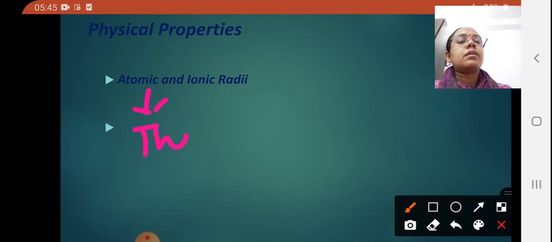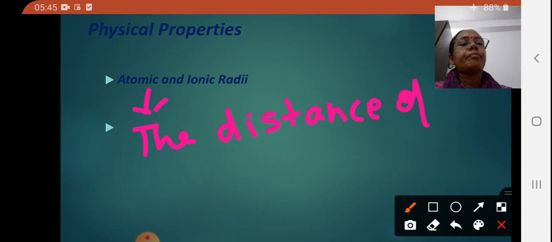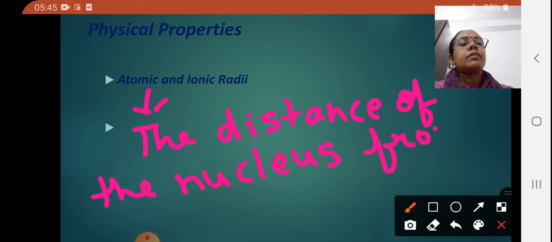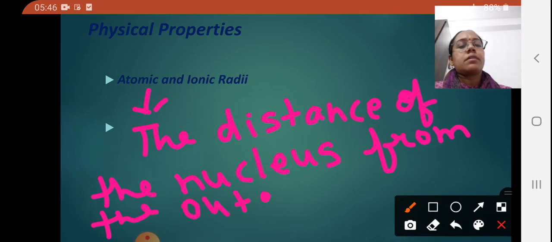The distance of the nucleus from the outermost shell.